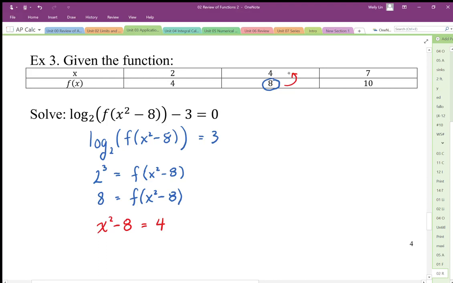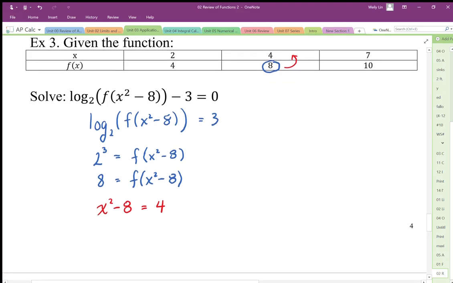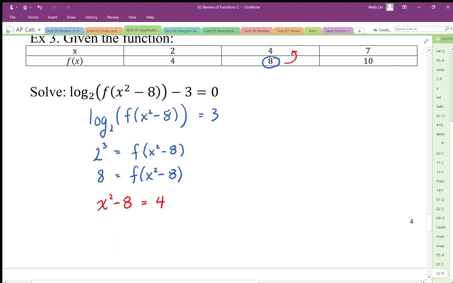And I can undo or solve equations based on the table like this. Once I've done that step, then I can just do the rest. X squared equals 12, and then x is equal to undoing the square. I get plus or minus the square root of 12. So there's my solution.